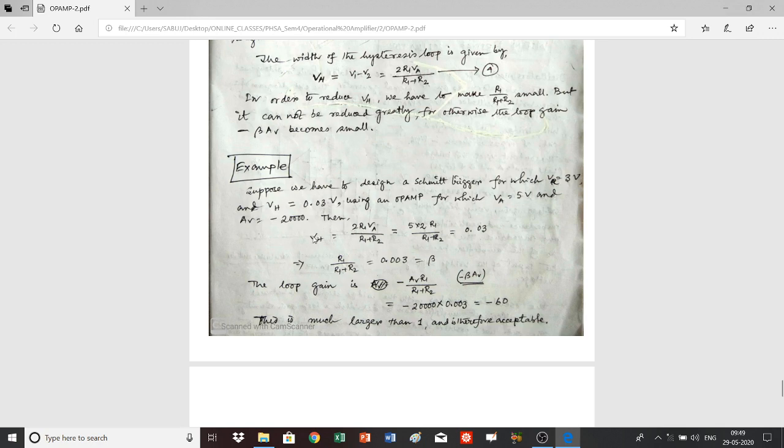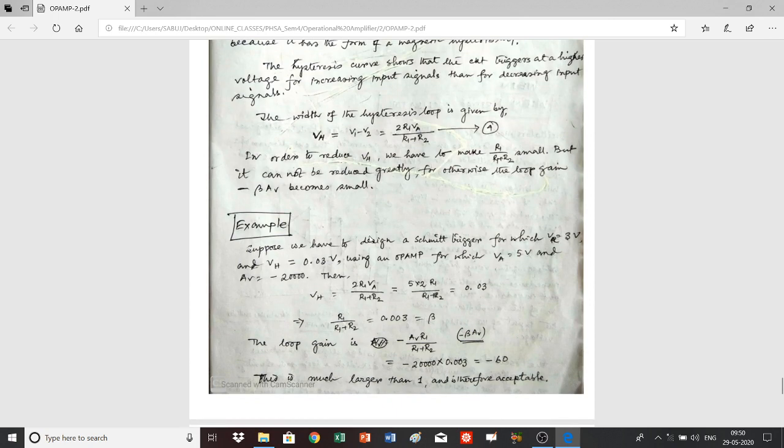Then you can easily calculate from this relation VH equal to 2R1 Va by R1 plus R2, and you know that R1 by R1 plus R2 is nothing but beta, and that is equal to this. So the loop gain in this case can be found from the relation minus beta Av, that is equal to minus Av into R1 by R2, that is equal to 60. So in this case the loop gain is much higher than 1, and therefore it is acceptable, and using these parameters we can implement or design a Schmitt trigger.